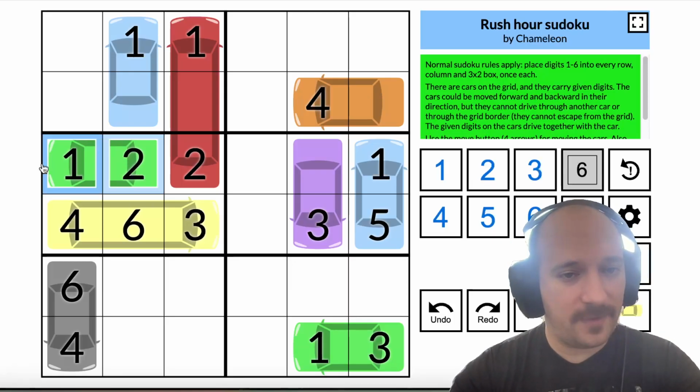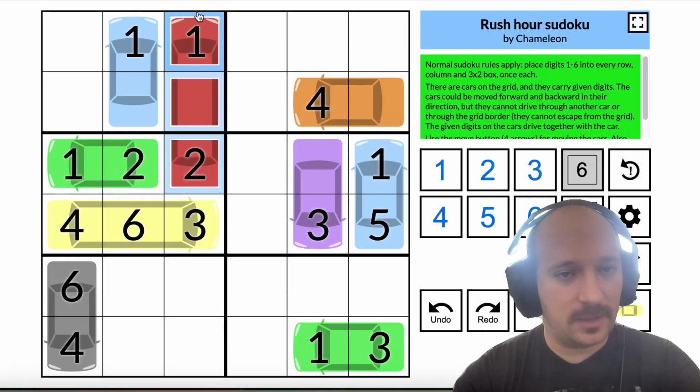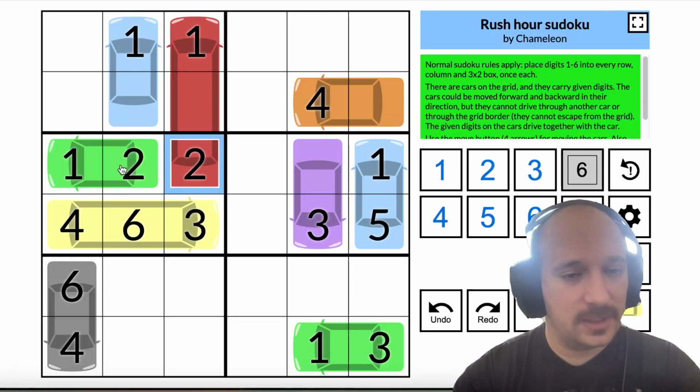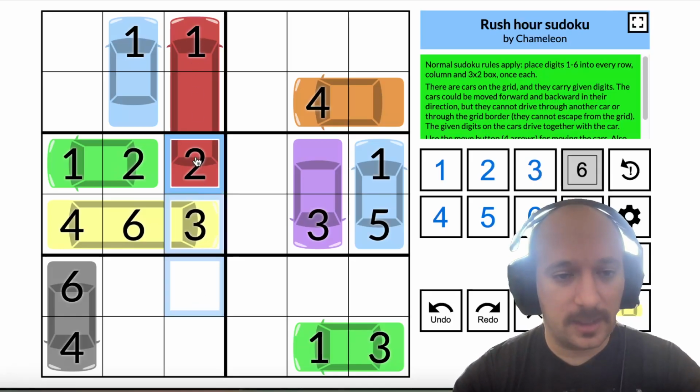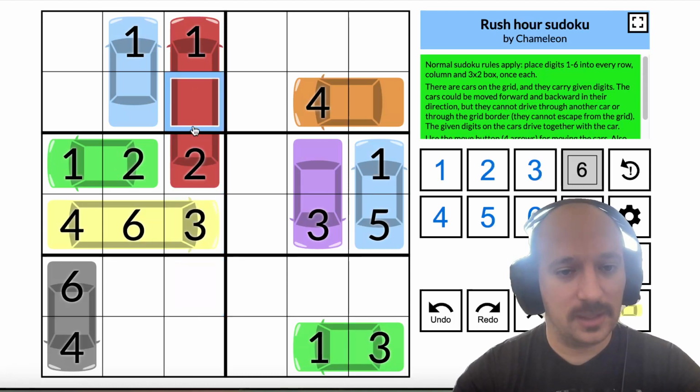So we cannot have other 1s and 2s, which means this car cannot stay this way because it will have a conflicting 2 in row 3. So in fact we must move this car, and it cannot stay this way as well. So it's either like this or like that.